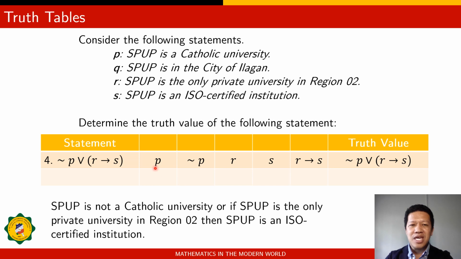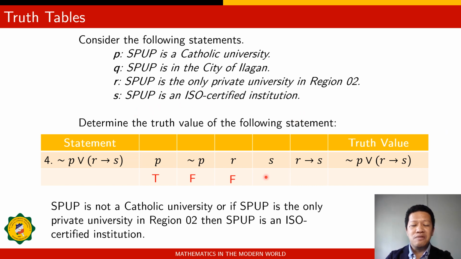Let's start with P. P is SPUP is a Catholic university, and that is actually true. And its negation will be false. Not P will be false. R is SPUP is the only private university in Region 2. We know that that statement is actually false. And S is SPUP is an ISO certified institution.